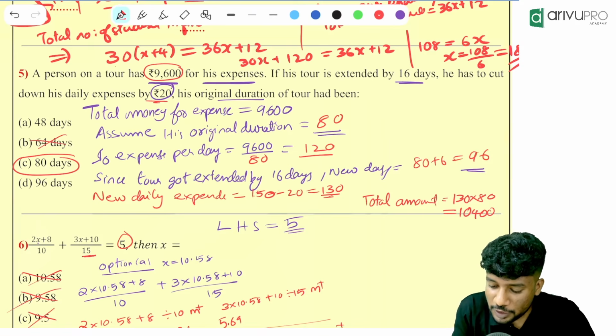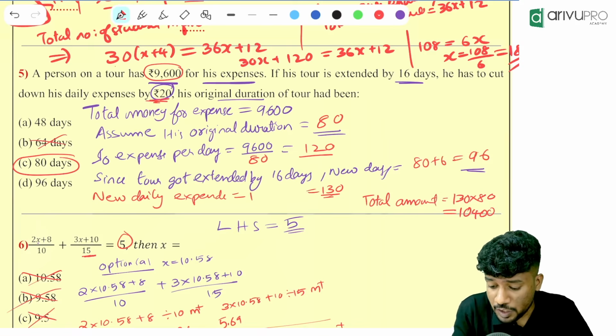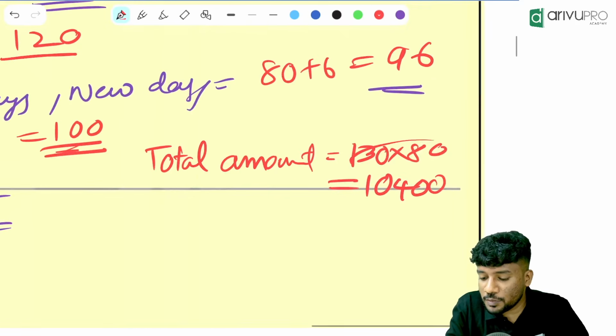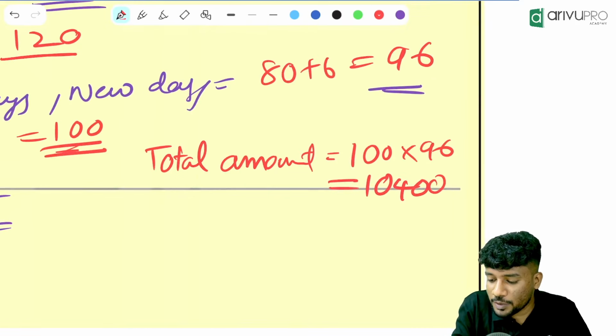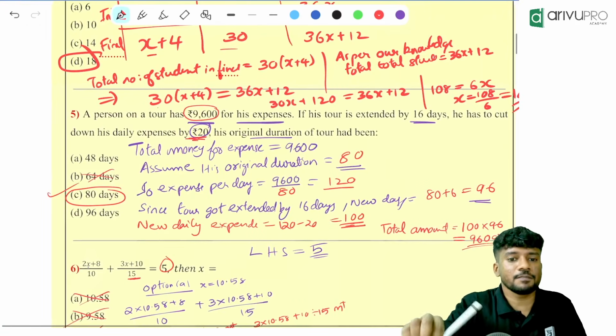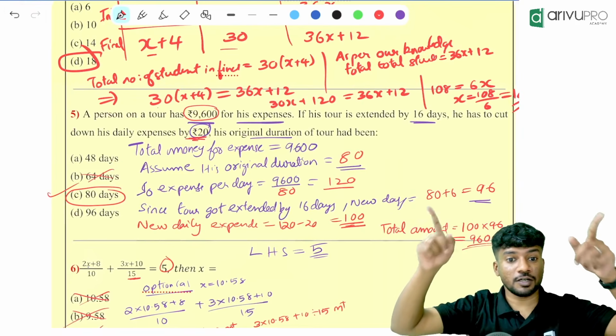Now you tell me the new expense per day after reducing 20 rupees per day. 120 minus 20 is how much, people? 100. Then the total amount is 100 into 96. How much is it, people? 9,600. That means LHS is equal to RHS. So which option is the answer? Option C. Any question based on this, this is the approach.